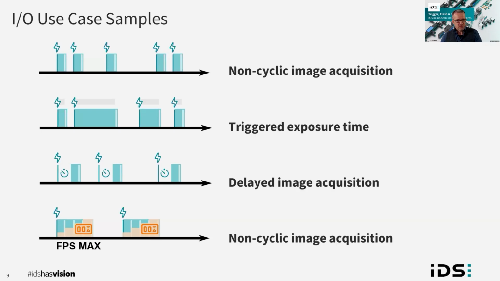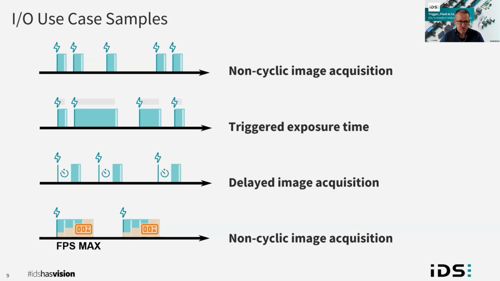The first example is probably the best known case: a non-cyclic image acquisition where an external signal source and components on a conveyor belt with varying distances produce a non-cyclic trigger signal that is intended to immediately trigger the exposure of the sensor.